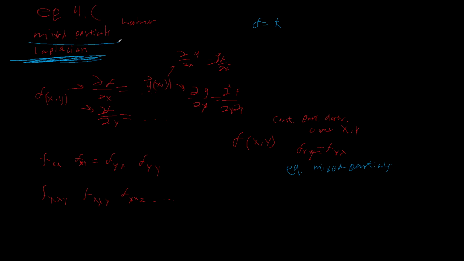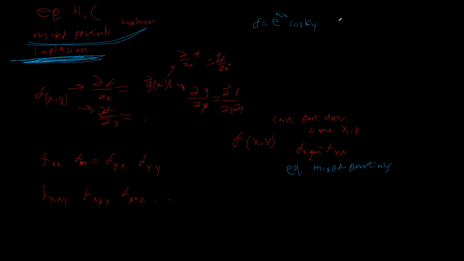We already talked about mixed partials and higher derivatives, just different combinations of these things. But now we're going to talk about this thing called the Laplacian. Let's suppose we had this function: f equals e to the power kx times cosine ky.